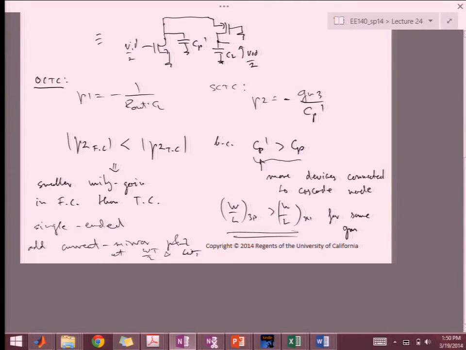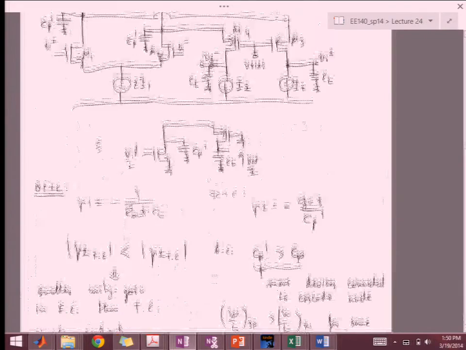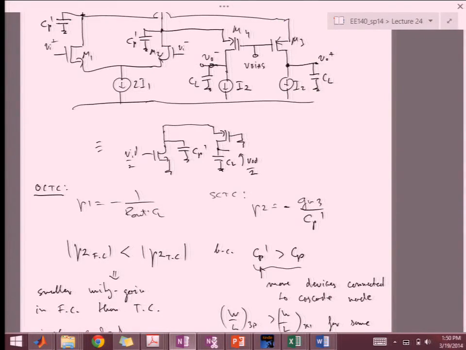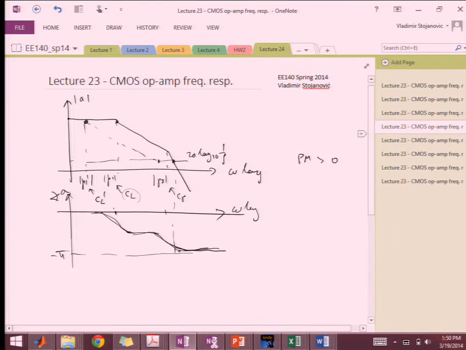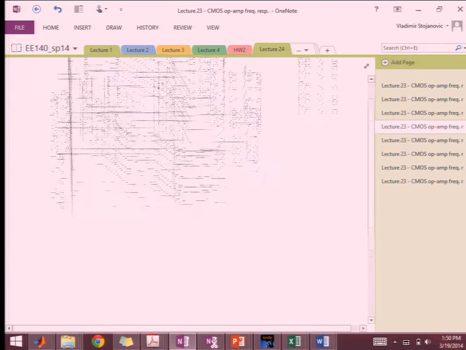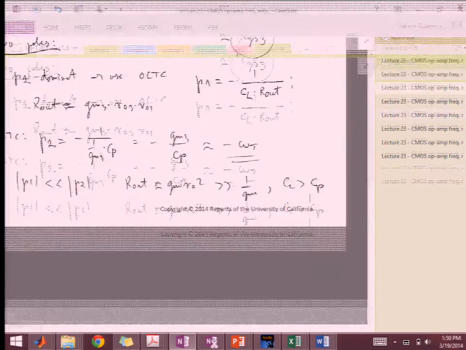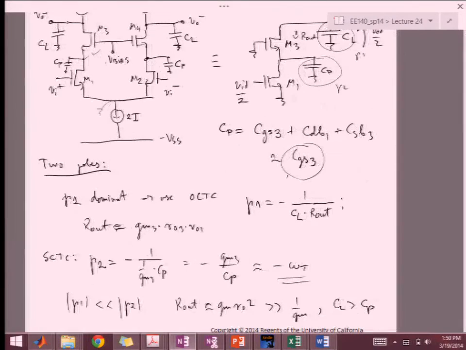And now you see, this is kind of getting close to what our pole 2 originally was, right? See, in telescopic, our pole 2 was around omega t.